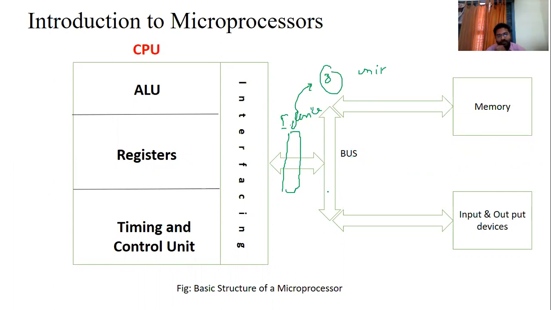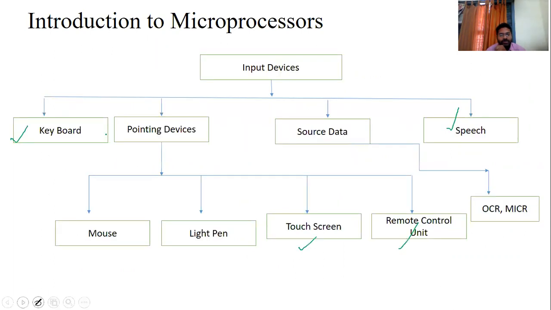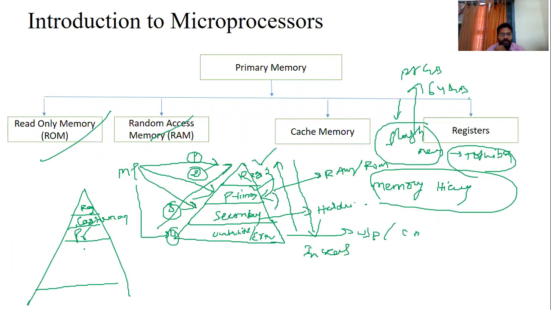By using this interface unit only, you can connect the memory and input output devices. So these are different types of input devices, and these are the output devices. You have primary memory as well as secondary memory.